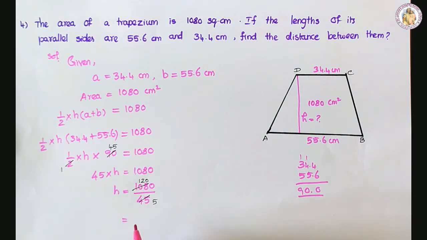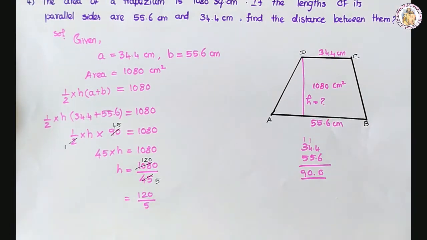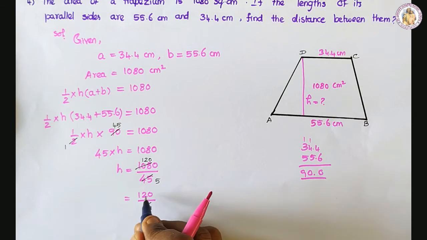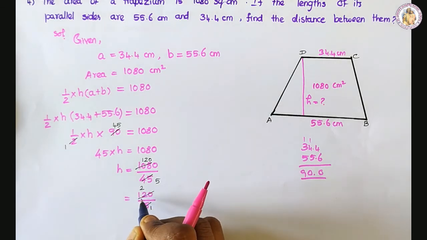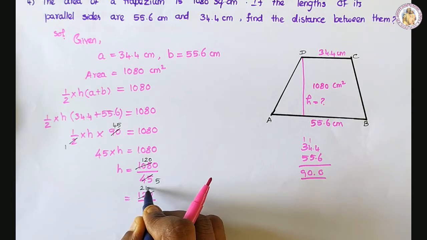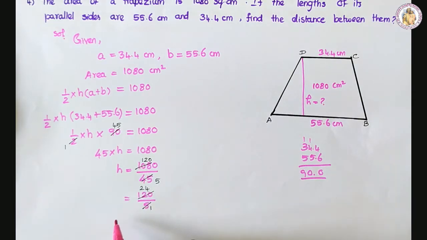So remaining values, 120 divided by 5. Again cancellation, 5 1 is 5, 2 5s are 10, balance 2, 20, so 4 times. We get h equal to 24 centimeter, that is the height of the trapezium.